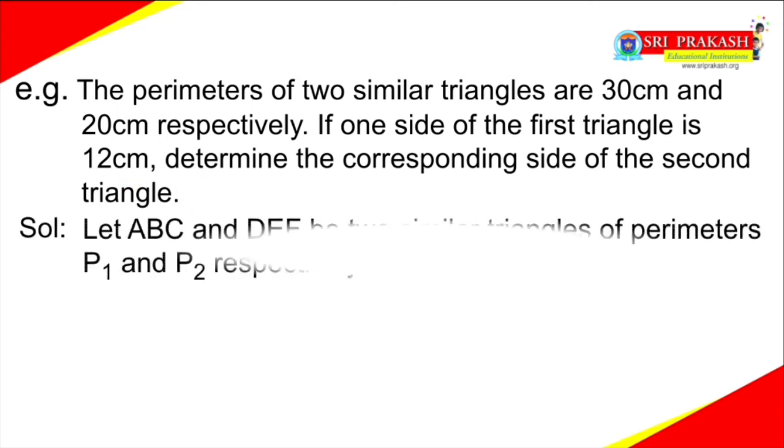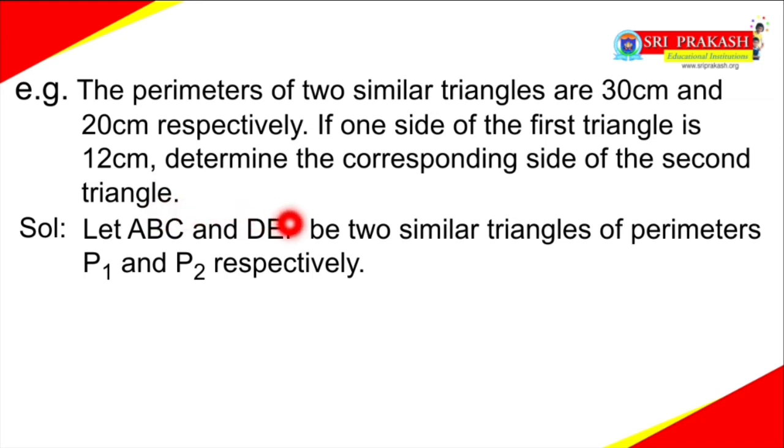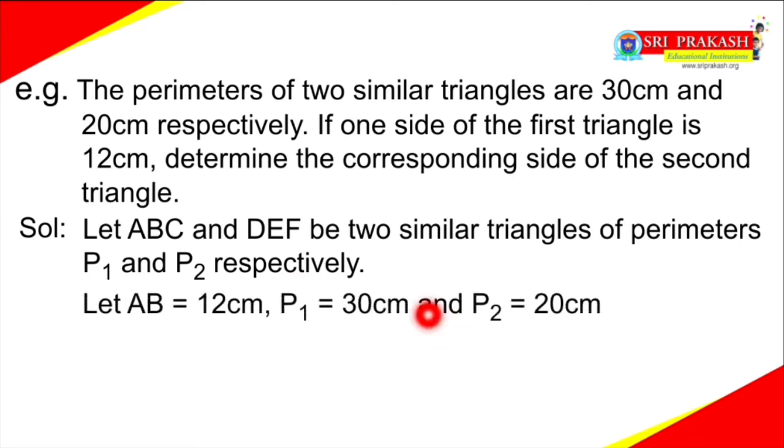Children, let ABC and DEF be two similar triangles of perimeters P1 and P2 respectively. Next, let AB is equal to 12 centimeters, P1 is equal to 30 centimeters and P2 is equal to 20 centimeters.